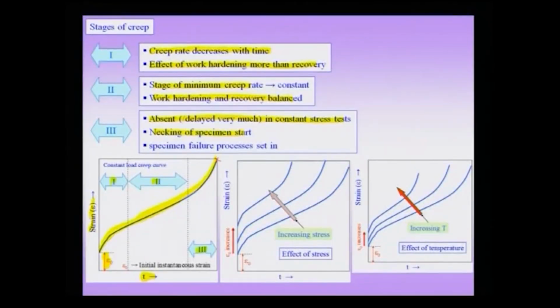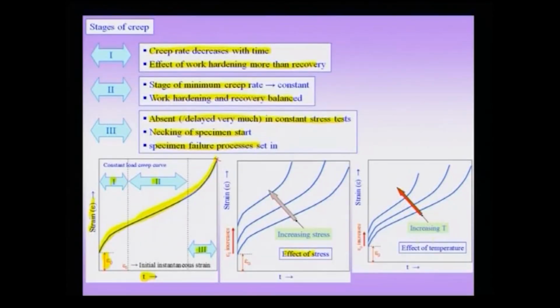Here the necking of the specimen starts, and failure processes like cavitation set in. This is the region where you would not like to operate your material, because it is tending towards failure.